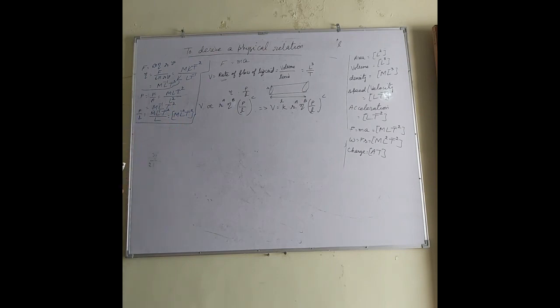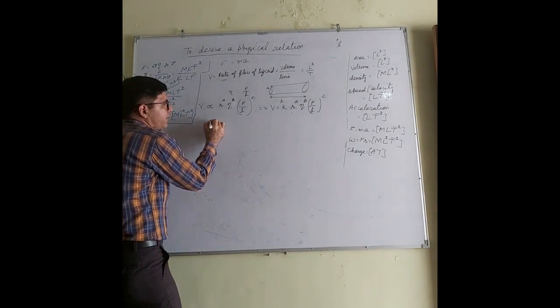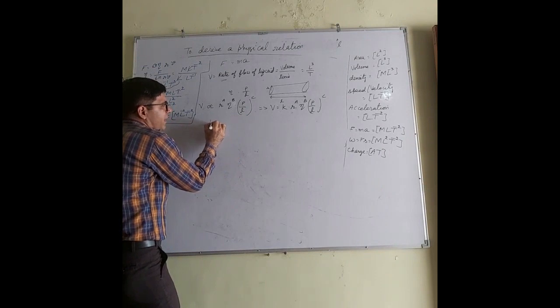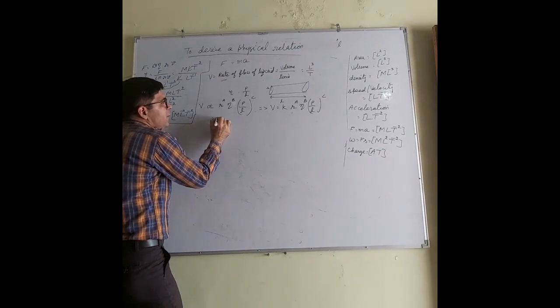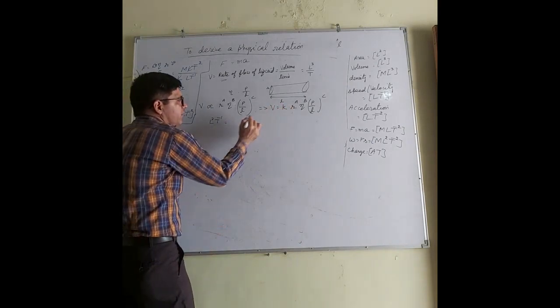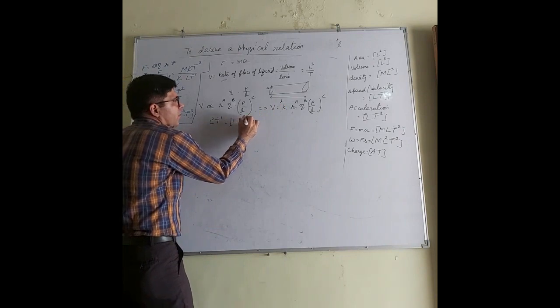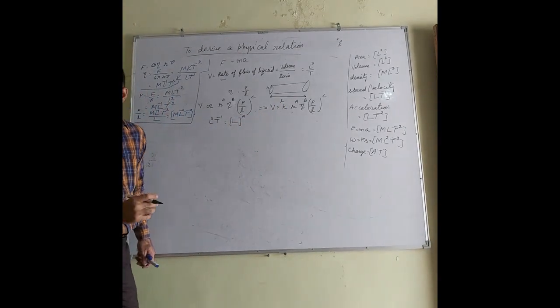Now what I will do? I will use this method. Now, in place of writing the dimension formula on both the sides, I will write L cube T minus 1, and radius is L. And what about eta?